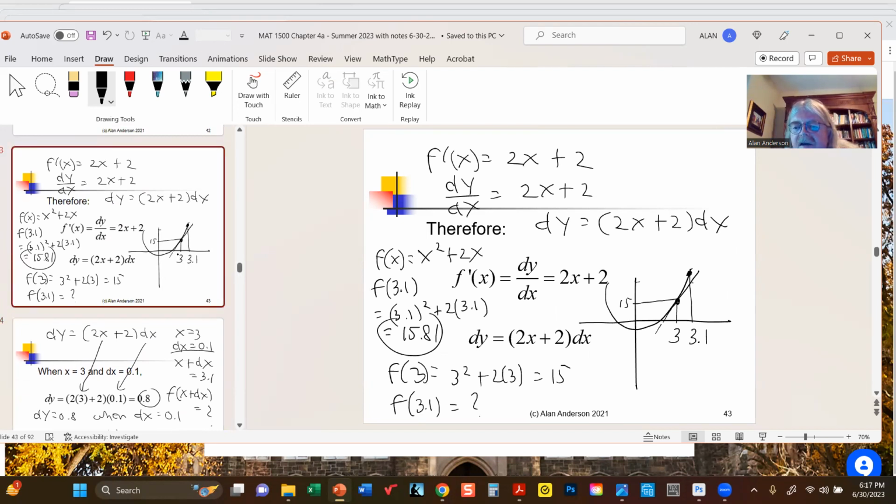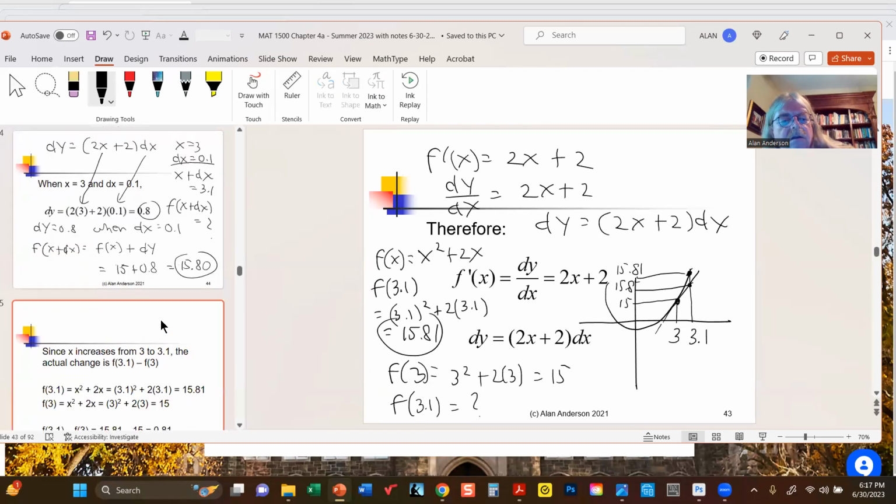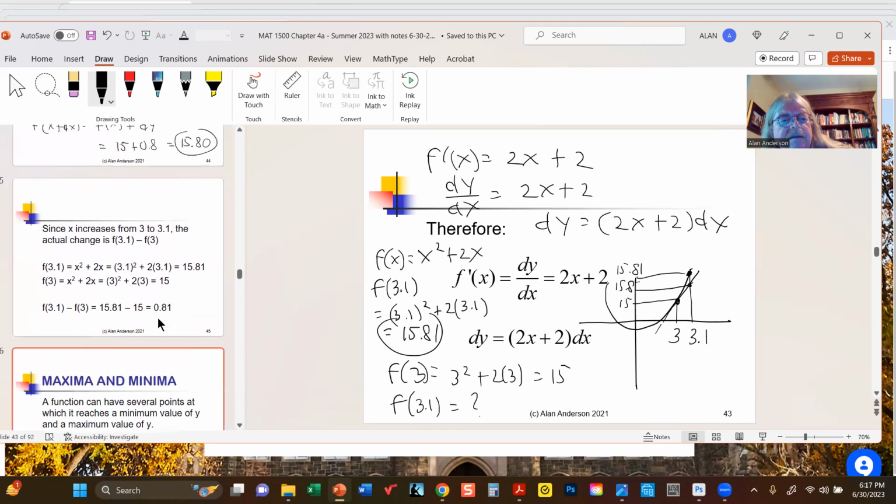That would be right here. The actual value is 15.81. Not bad.